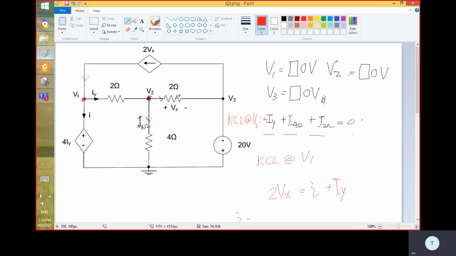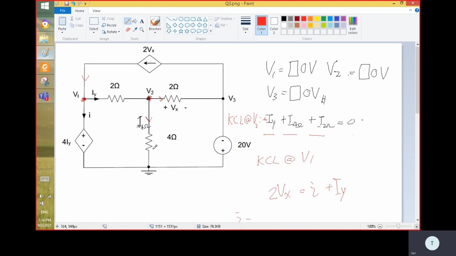So if we assume it's going out, this current is referred to as the current at 2 ohm here. This is the initial assumption. If you get a negative number, that means the current is actually going the other way. So it's okay to do the initial assumption like going this way.